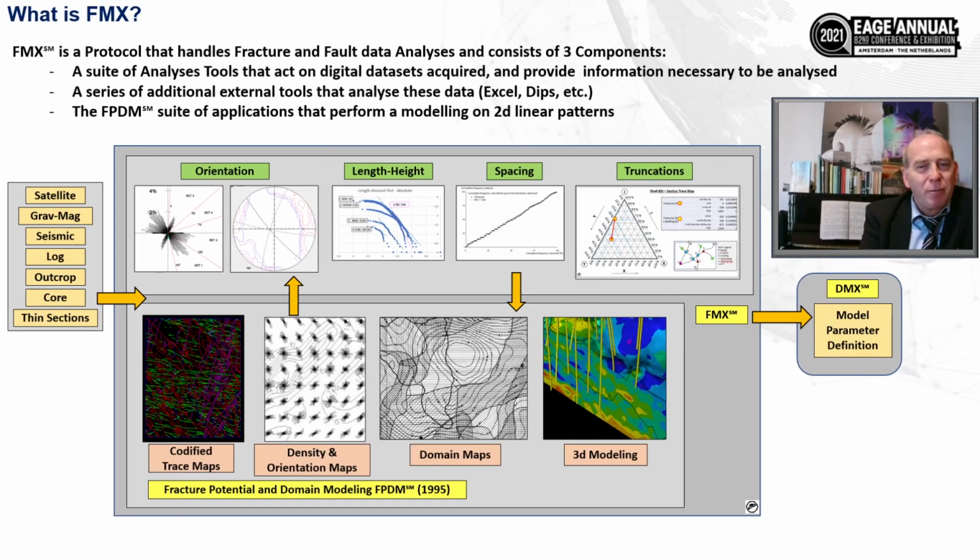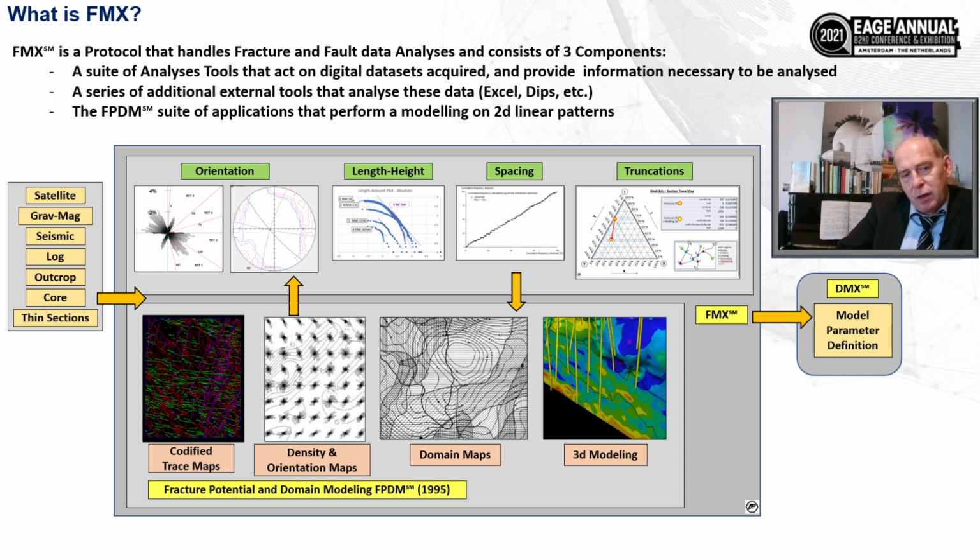Here we see a diagram that first of all describes what is the FMX protocol, which handles the analysis of the data regarding the fractures and the faults. Data can come from satellite, seismic, log, outcrop, core, thin sections, anything that is important to characterize the reservoir. The parameters that are analyzed are the classical ones: orientation, length, height, size, spacing, truncations, the most important parameters that characterize the fault and the fracture network.